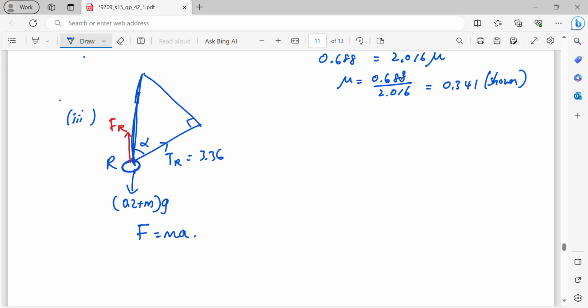Now, I need to resolve this TR vertically. So when I resolve, it will be pointing up. Okay, so I will resolve vertically. So which means 0.2 plus m times g, this is the only force pointing downwards. And then for the upward force, I will have the Fr together with the TR after you resolve it. So it will be TR cos alpha, because I'm resolving the TR using the angle alpha.